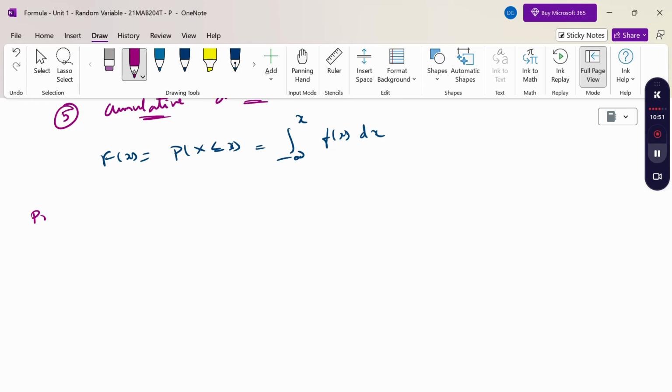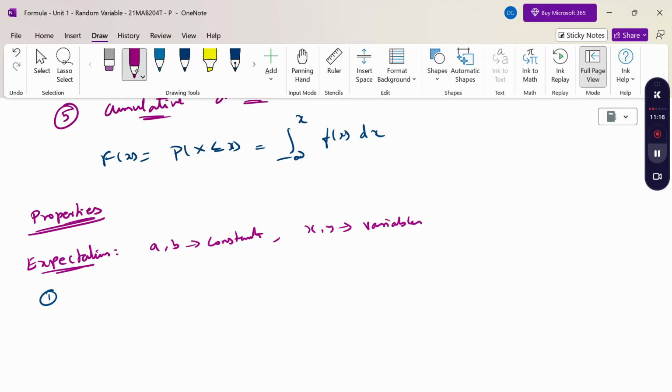And then properties. The properties of expectation: now we consider here a, b constants and x, y variables. Therefore the expectation of a constant is the constant, and the expectation of a into x is a times the expectation of x.